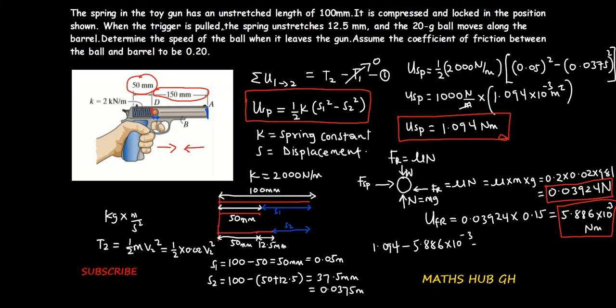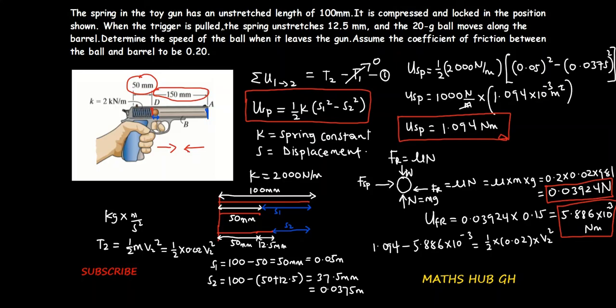This should be equal to the final kinetic energy, which will be 1 over 2 times the mass, which is 0.02 kilogram, times the final velocity squared.